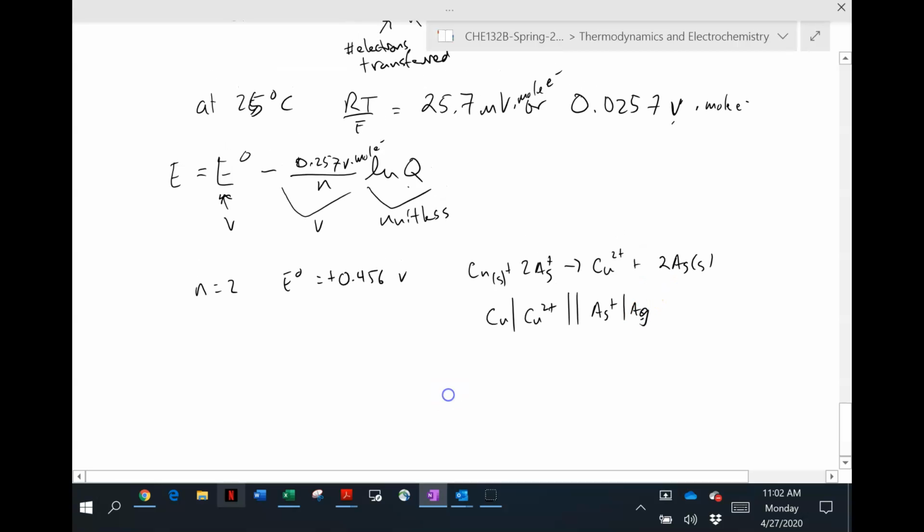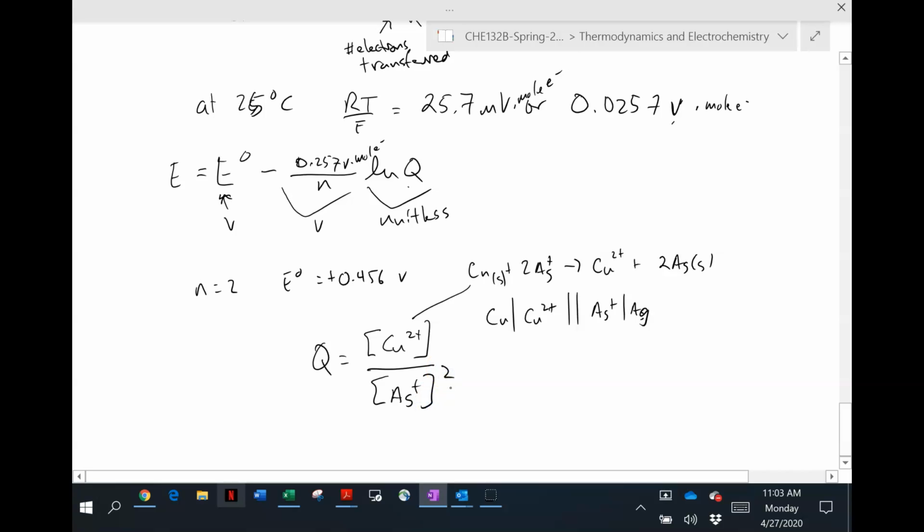All right, now Q for this reaction. Our reaction quotient, remember that it's products over reactants. We take the concentrations raised to the power of their exponents. So this is just going to be copper 2+ over silver ion squared.